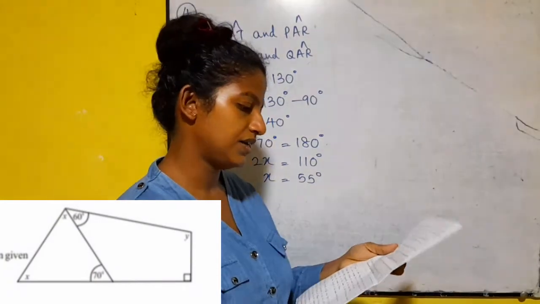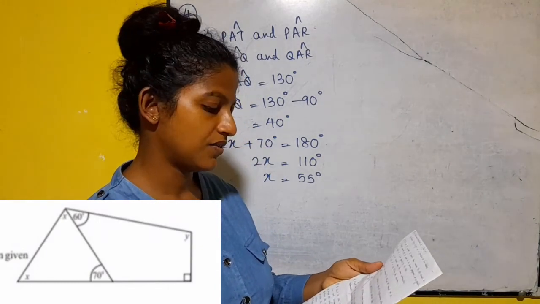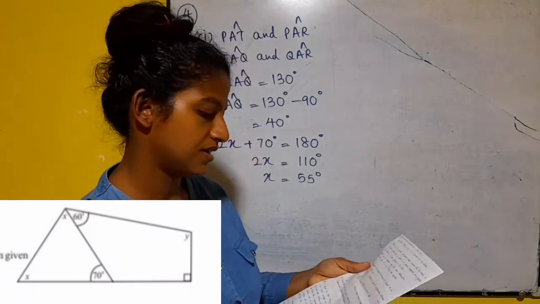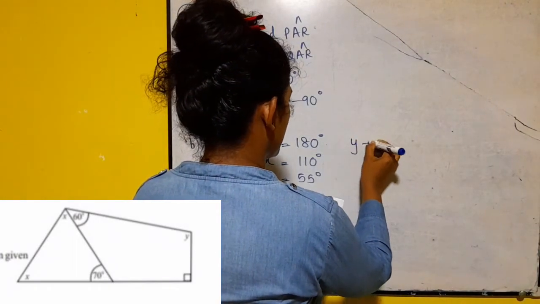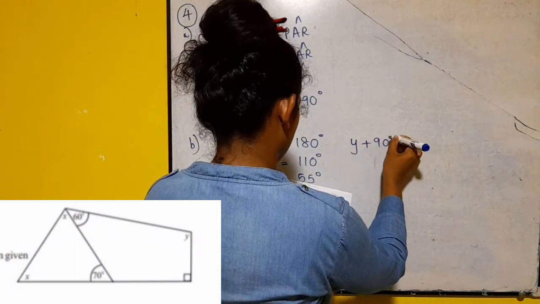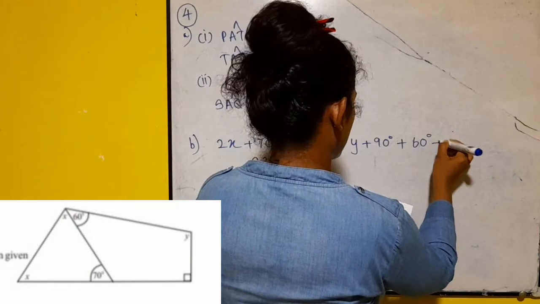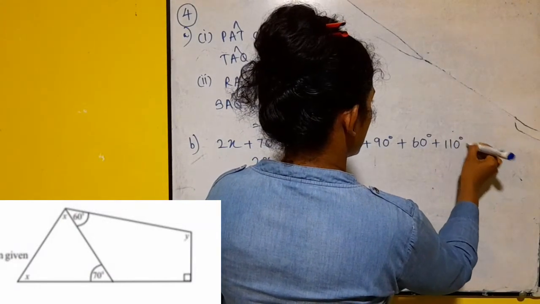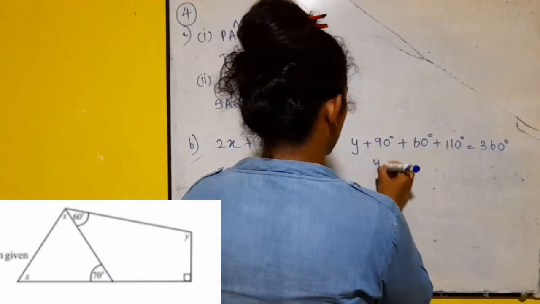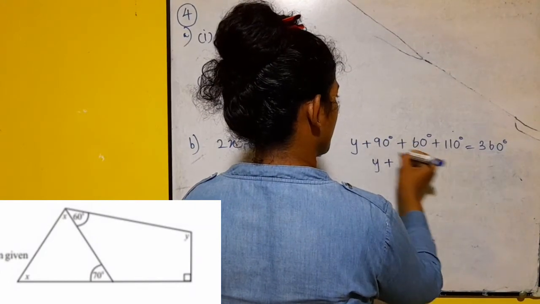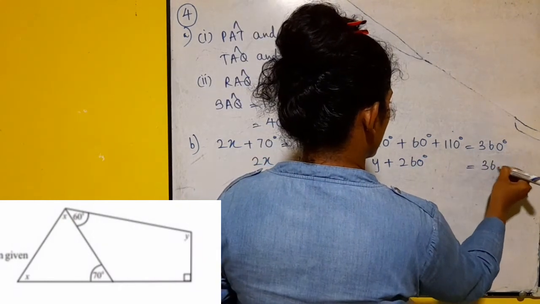Then how to find y now? By using the quadrilateral, the interior angle sum of a quadrilateral is 360 degrees. By using that you can find it now. Now you know the value of x. y plus 90 plus x, which is 55, plus 110 equal to 360 degrees. y plus, here the sum is 200, then 260 is the total sum, equal to 360.